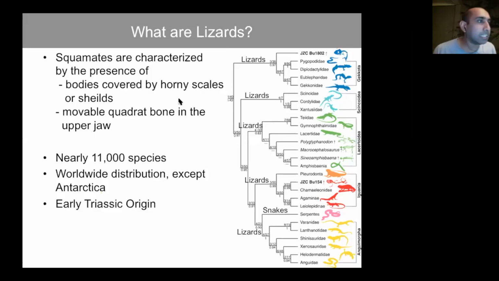So what this evolutionary tree is telling you is that snakes are actually lizards that have secondarily lost their limbs through evolution, right? Snakes have also developed several other adaptations for their mode of life. As a result, snakes are quite distinct from lizards.